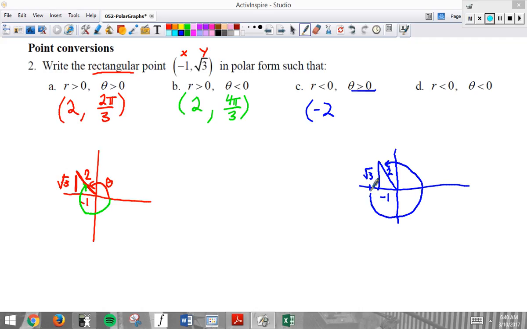How far would I have gone with that angle? And I think you can see pretty clearly that that would be pi over 3 away from a full rotation, or 5 pi over 3.